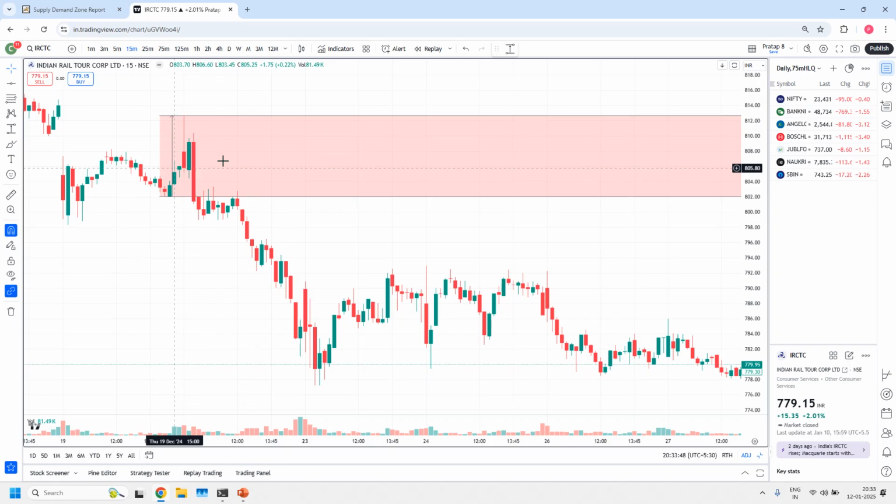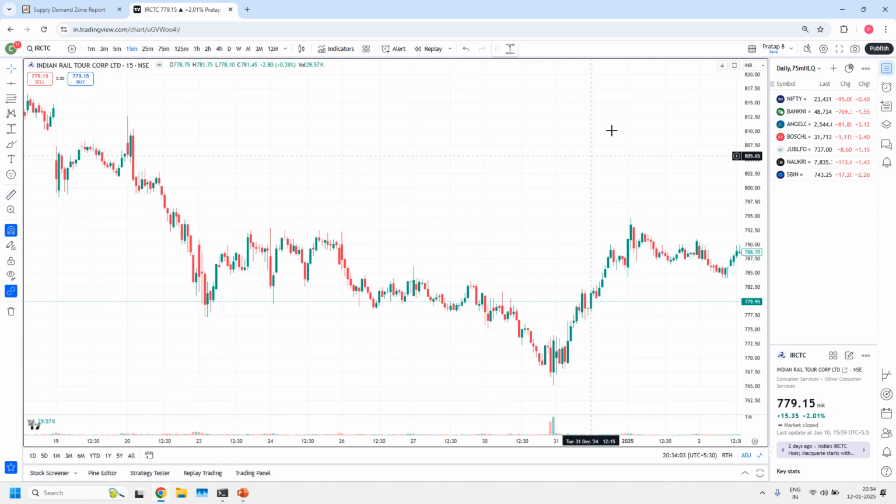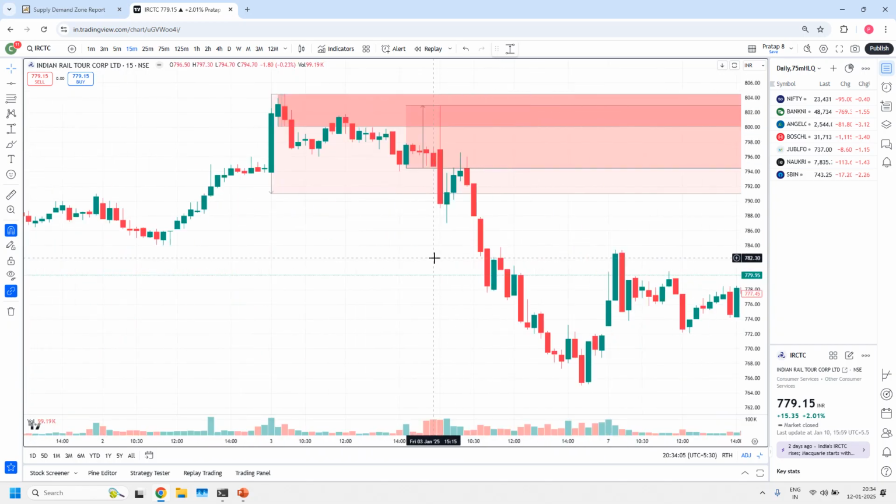You have a drop candle, you have a rally candle, you have a drop candle, no base candles. Because the structure is not good, we can't trust this horizon. I am deleting it. So let's focus only on this area.